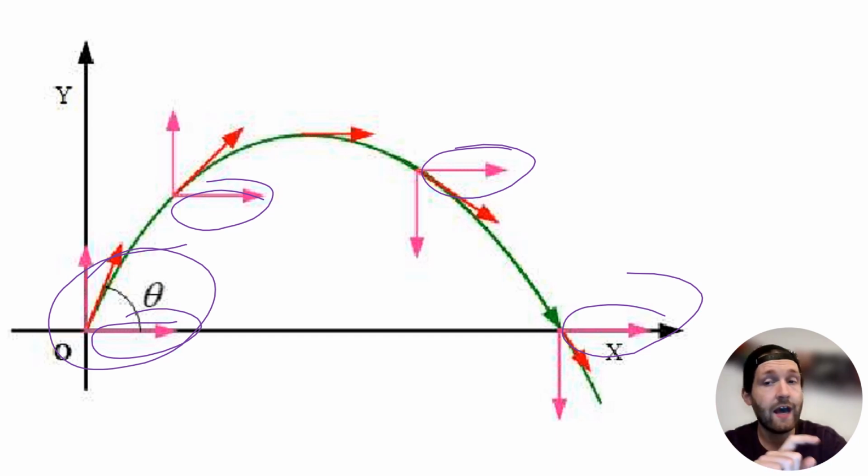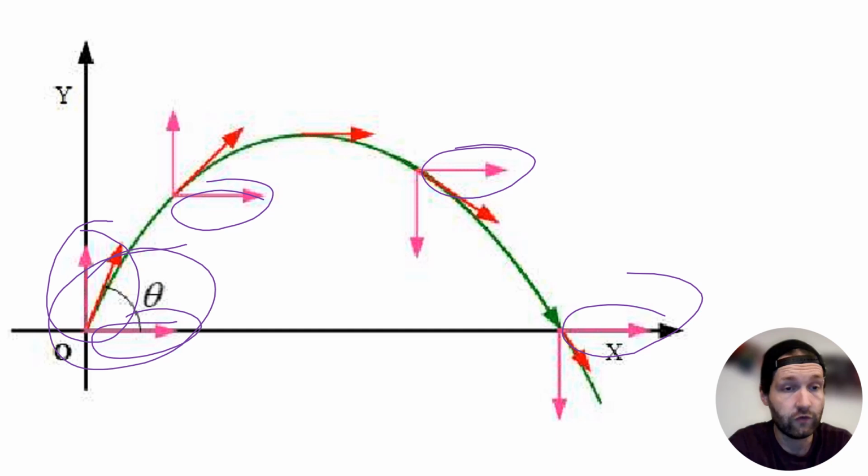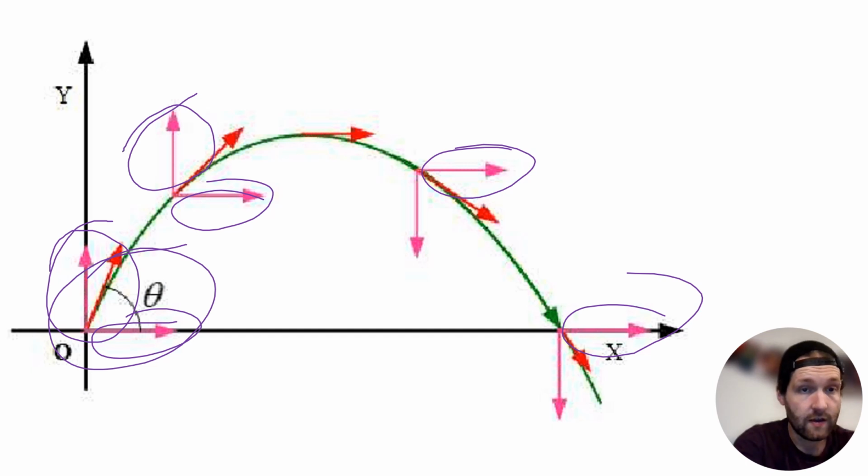But now we have a vertical component that is first being provided by the launch of the projectile, because we launched it at an angle, which is going against, initially, the gravitational field. So we can see we start off with a large vertical component that came from the projection at an angle. It decreases until it eventually reaches zero at the peak of this parabola here.